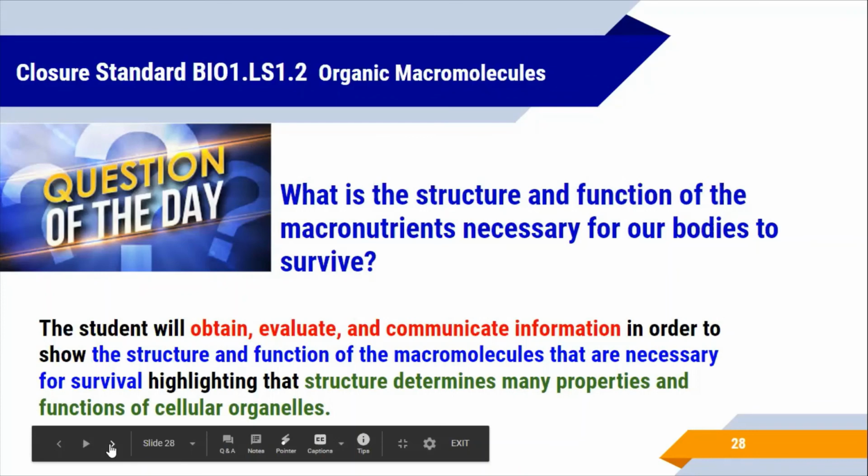We engaged in a phenomenon of food labels where we determined the main categories of the foods that we eat. I'm sure now that when we go to the grocery store, we will read the labels to maximize the nutritional value of the foods that we select and purchase. We also obtained information today by using our Cornell notes to answer the probing questions through 3 videos on lipids, proteins, and carbohydrates.